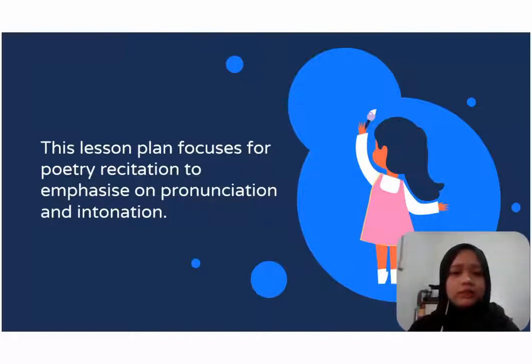And we believe in creating relaxed but exciting classroom activities to feed students' curiosity of poetry and literature while accelerating literacy development and oral language skills. So aligned with our aim, this lesson plan for poetry recitation is to emphasize pronunciation and intonation, and students are also given the opportunity to generate personal interpretations.